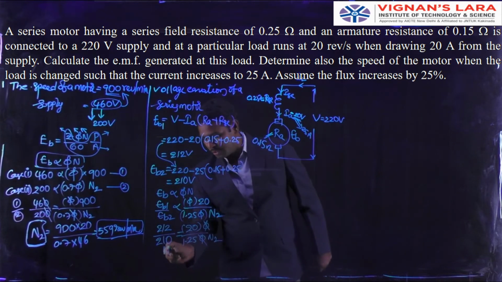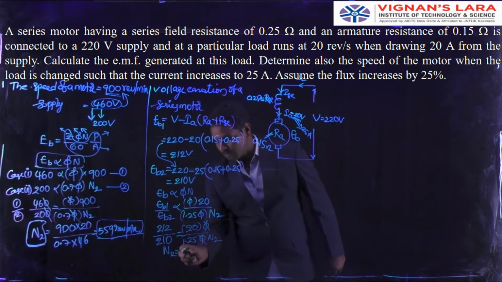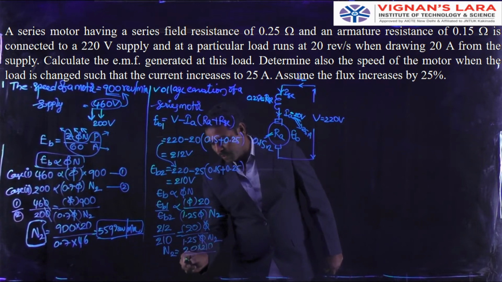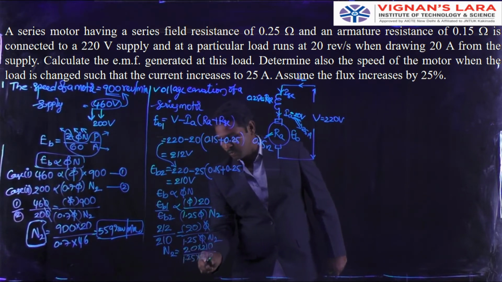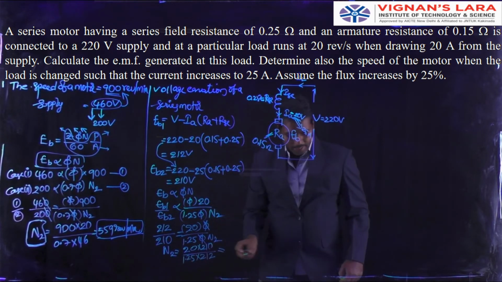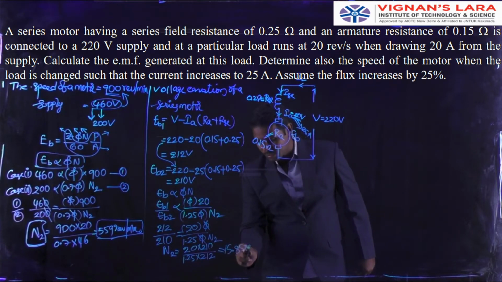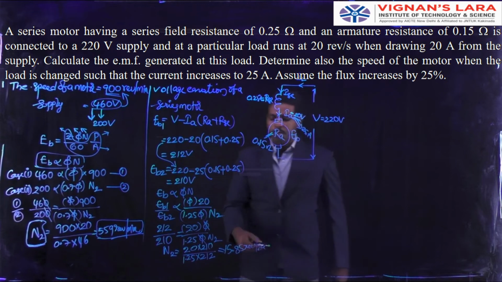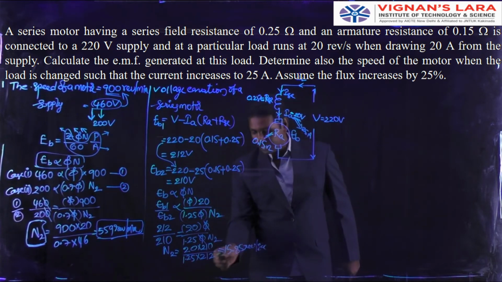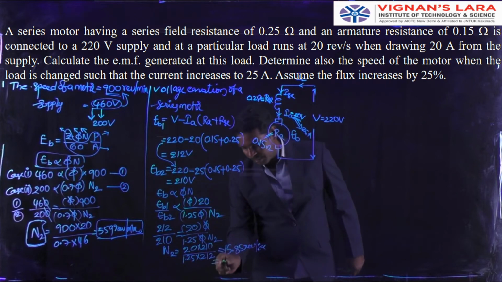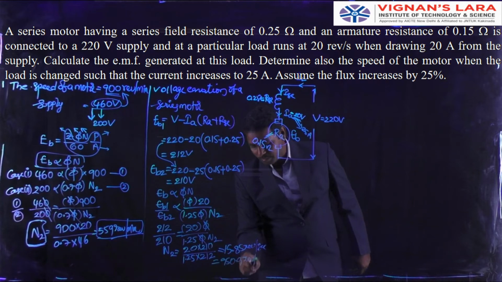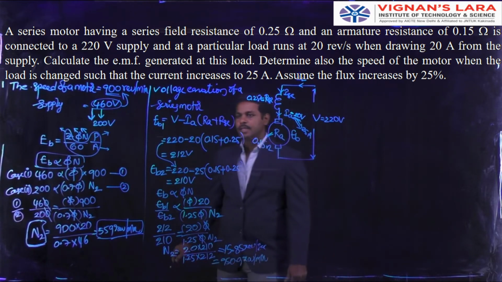So N2 is equal to 20 into 210 divided by 1.25 multiplied by 212. Finally we get 15.85 revolutions per second, which is multiplied by 60 to convert into minutes, giving 950.9 revolutions per minute. So this is the second one.